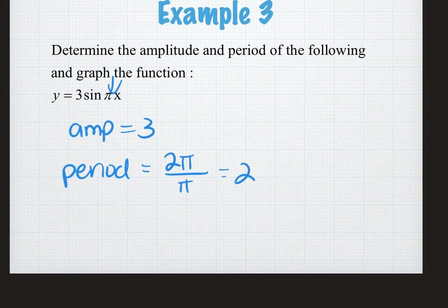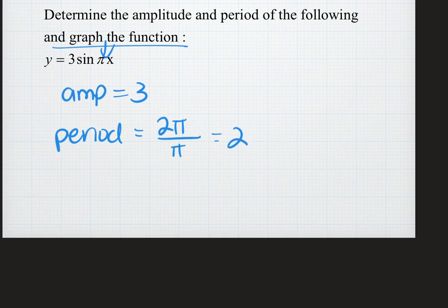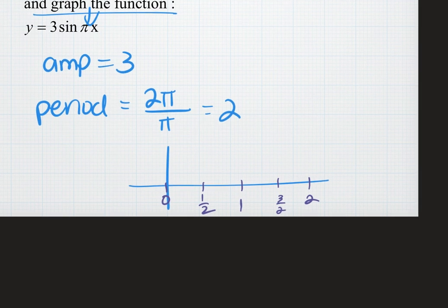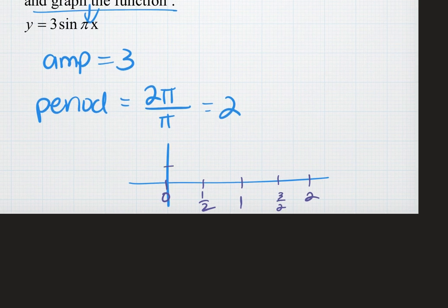Oh, actually, sorry, it does say graph the function. I was reading the other ones. So my first one would be 0. My last one would be 2. 2 times a fourth is 1/2. 2 times a half is 1. 2 times 3/4 is 1 1/2 or 3/2. And then my amplitude is 3. 1, 2, 3, 1, 2, 3.